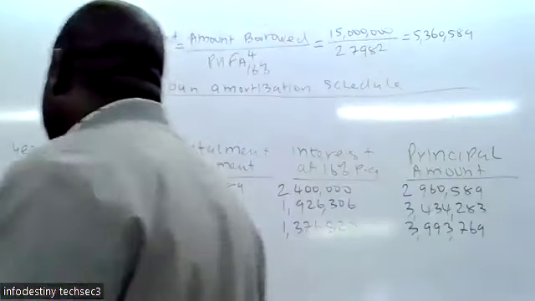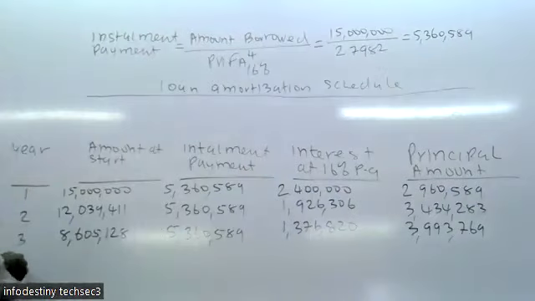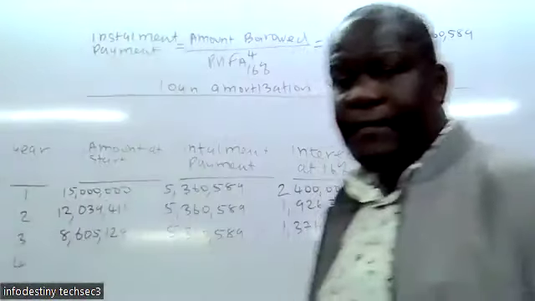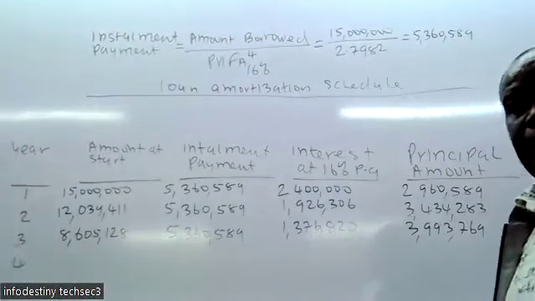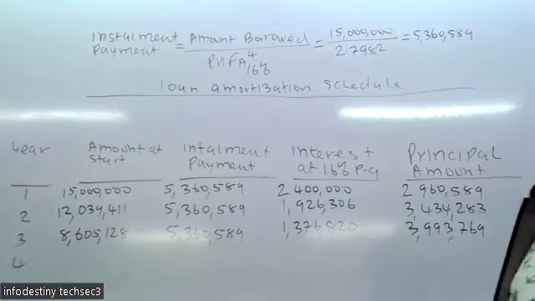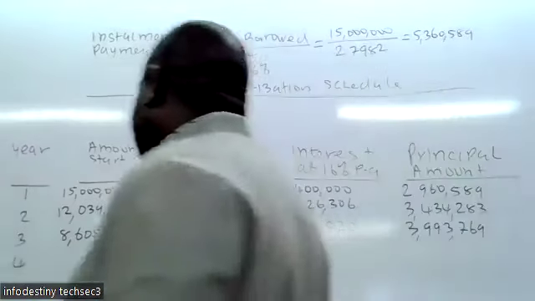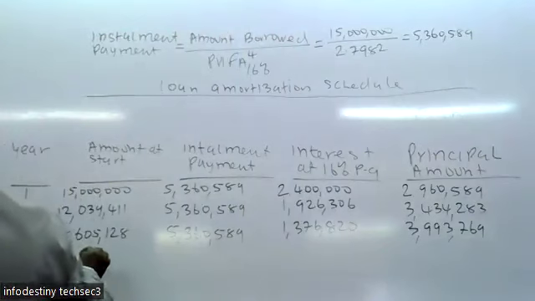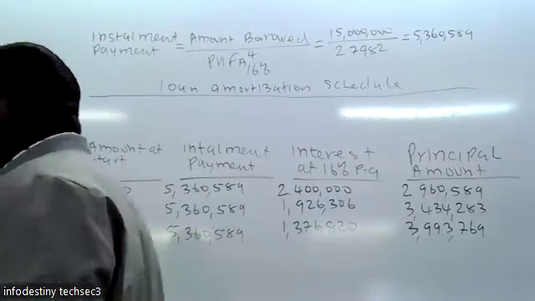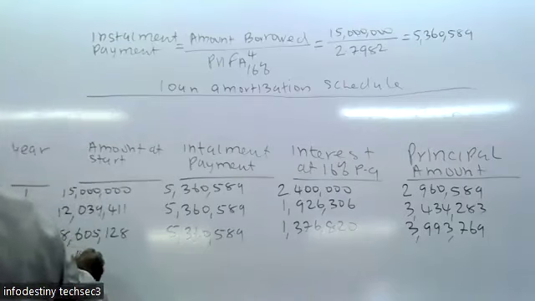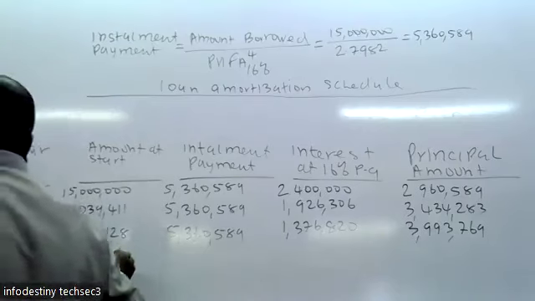Alright, so subtract that to get the amount at the start. It is 4,621,359.